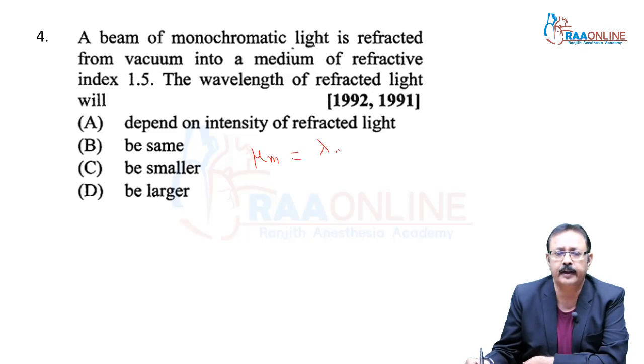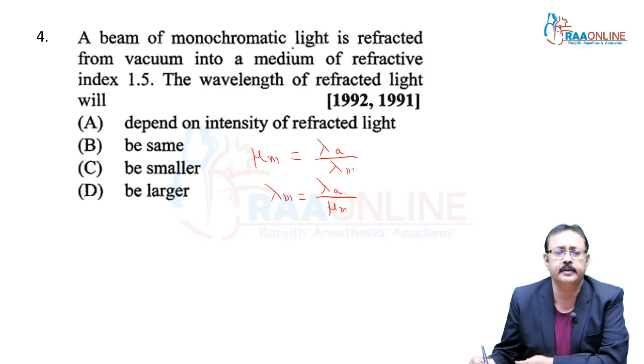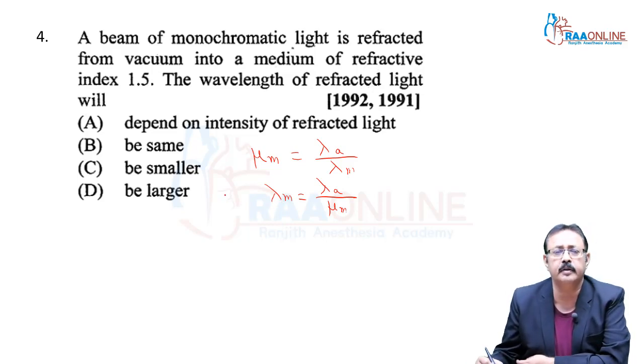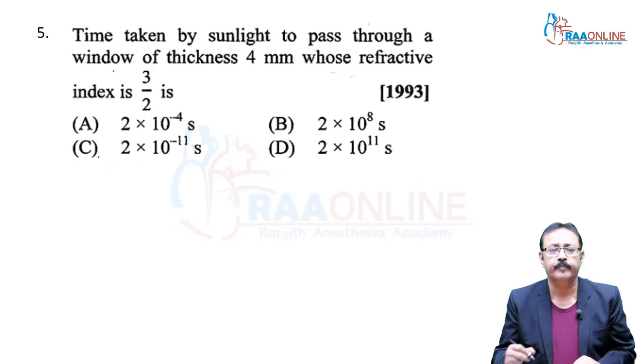Wavelength of light in air or vacuum upon wavelength of light in medium. So in the medium, wavelength of light should be equal to wavelength in air upon mu. For each medium, mu is greater than 1. So wavelength will decrease. So we will go with B, smaller.